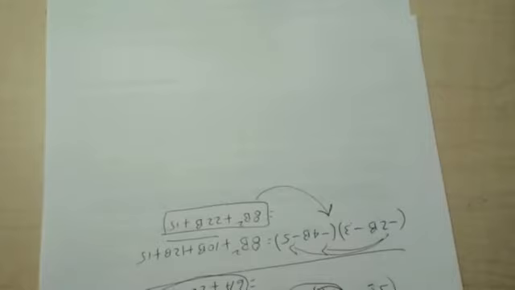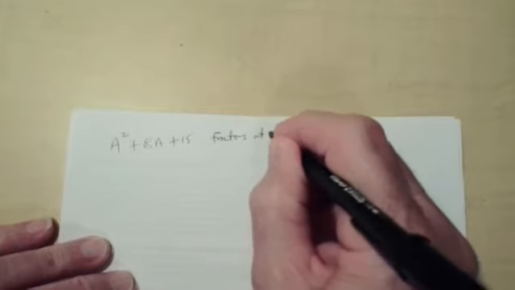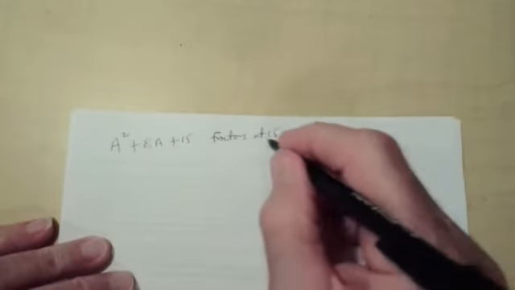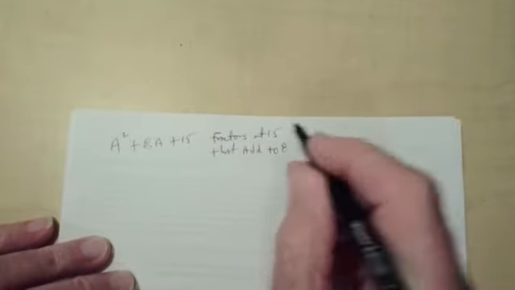So if we have a squared plus 8a plus 15, now what we want to do is we want to find the factors of 15 that combine together and add to 8.